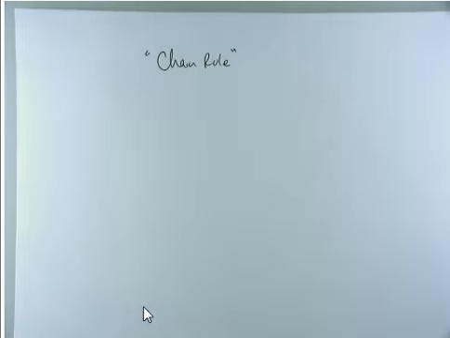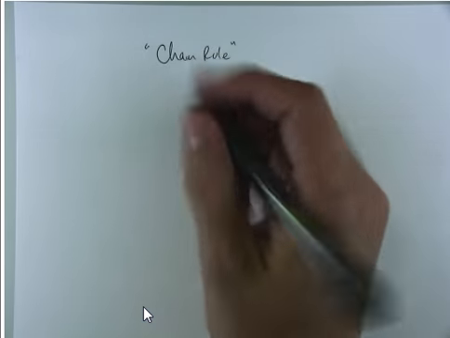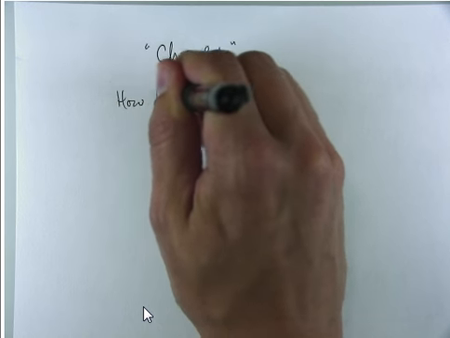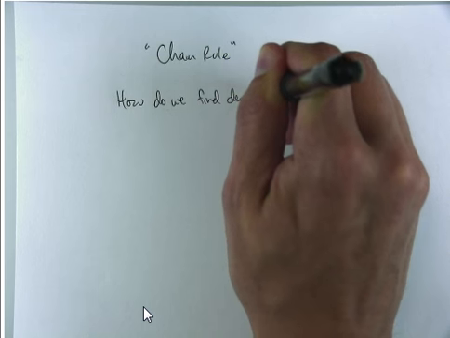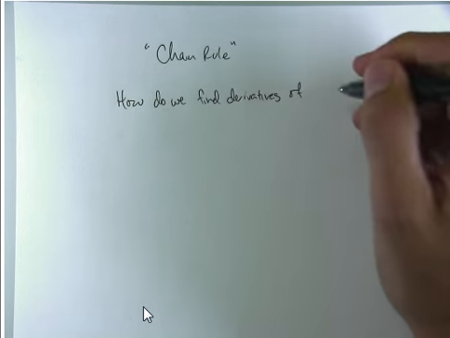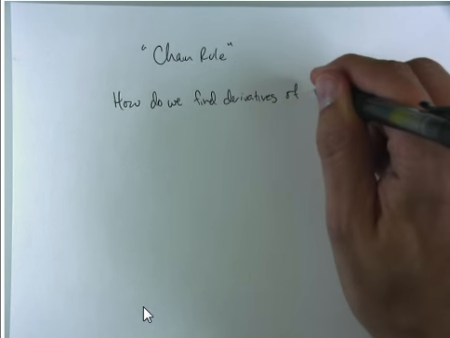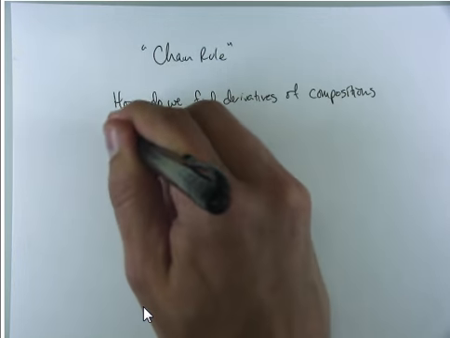Here's the name, the chain rule. But here's the idea. How do we find derivatives of compositions of functions?